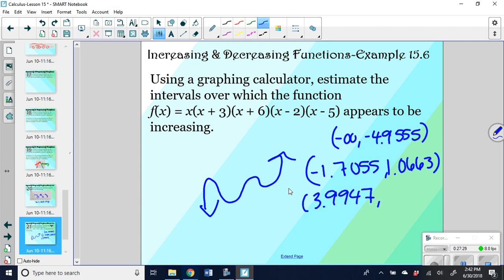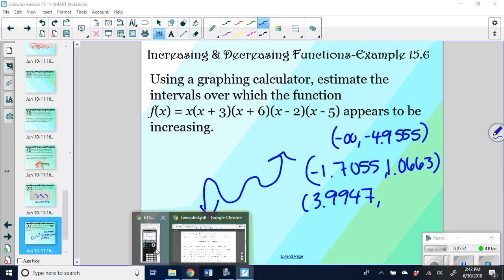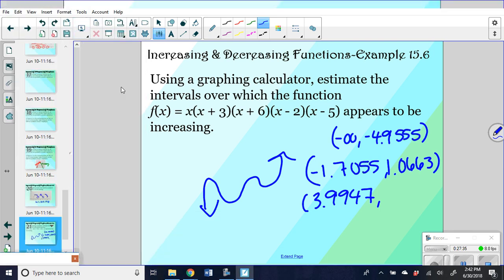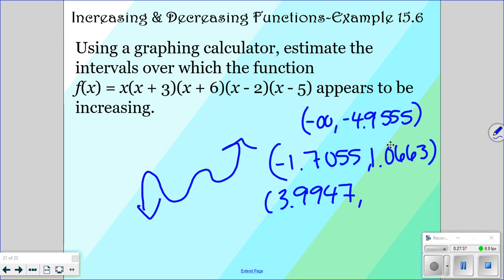And then where did it stop increasing? It increases up to positive infinity. So we're going to go all the way to positive infinity. So those are your intervals where it appears to be increasing. So that's how you can use your calculator to help you find the increasing and decreasing parts.